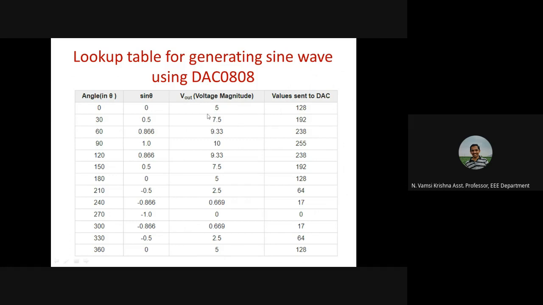To get 7.5 volts, the digital input required is 192. It is 8 bits, so the maximum value is 255. When the sine value is 1, it is 255. Since negative voltages are not possible, for 0 we are giving 128, and for minus 1, we are giving 0.